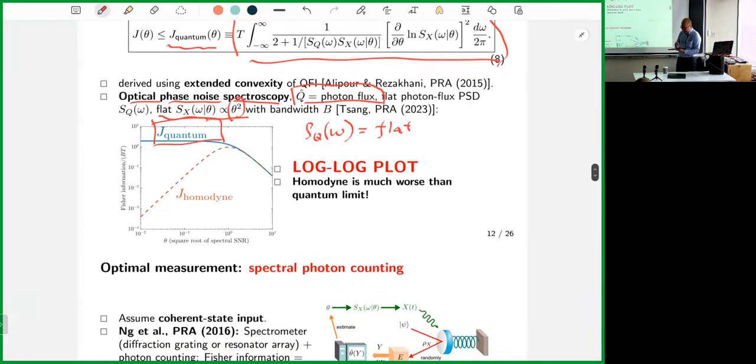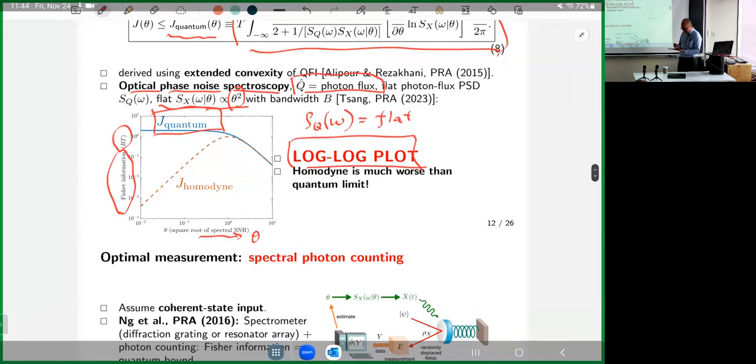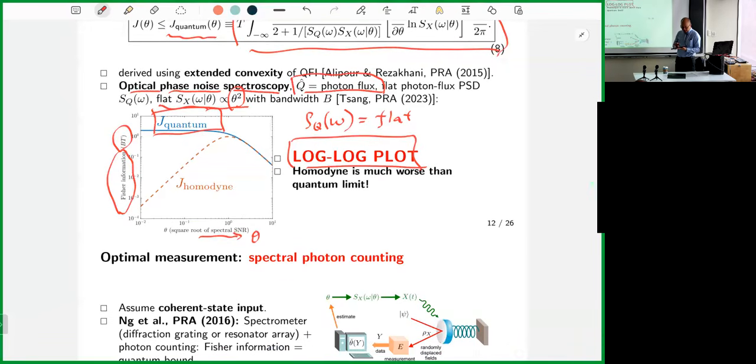This is the quantum bound on the Fisher information. Notice that these are log-log plots. It's the Fisher information normalized by the bandwidth and the integration time. This is basically the parameter itself. This is the quantum bound. You cannot violate it with any measurement. The interesting thing, if you compare it with the Fisher information for homodyne, is that there's a huge gap between the two.